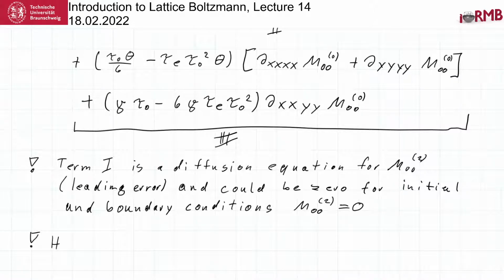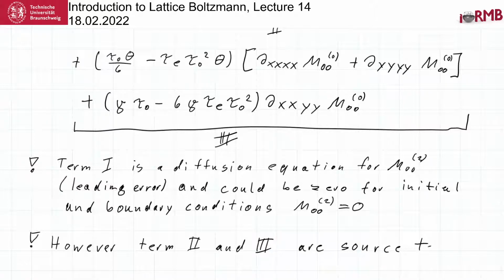However, this doesn't work because we also have the other terms, namely 2 and 3. They are source terms in this equation, and they depend on the solution of the target equation.